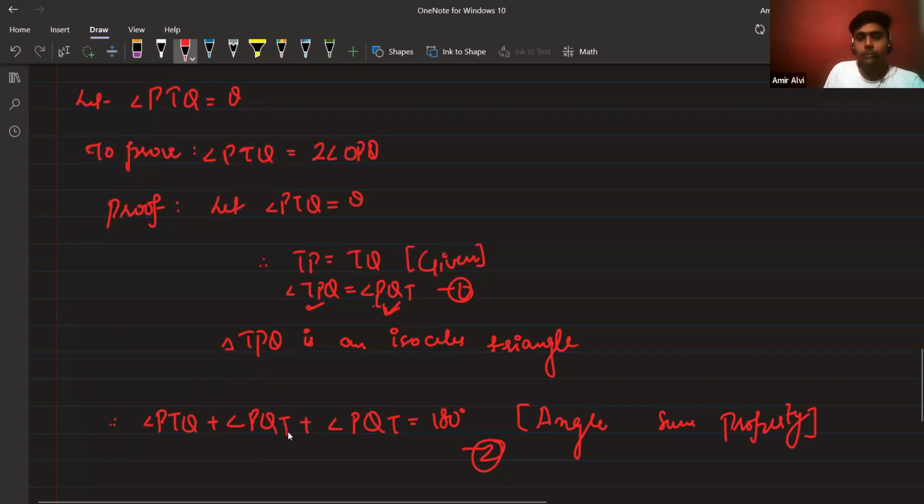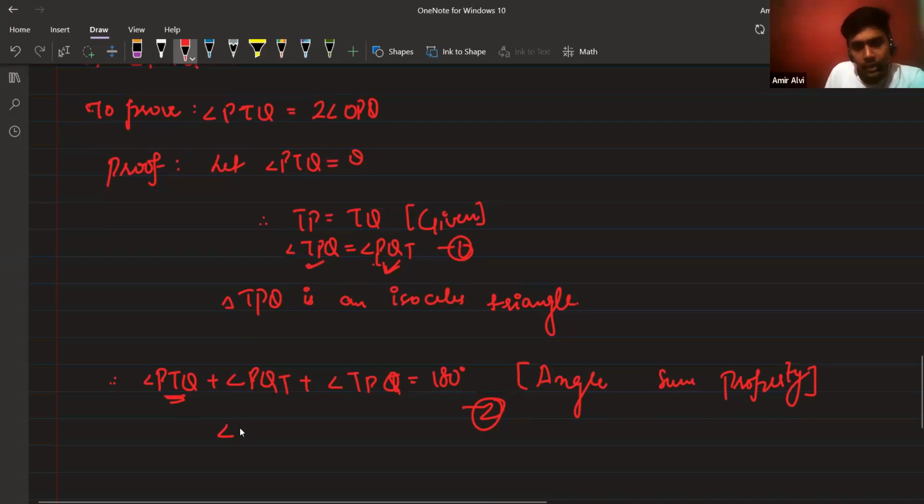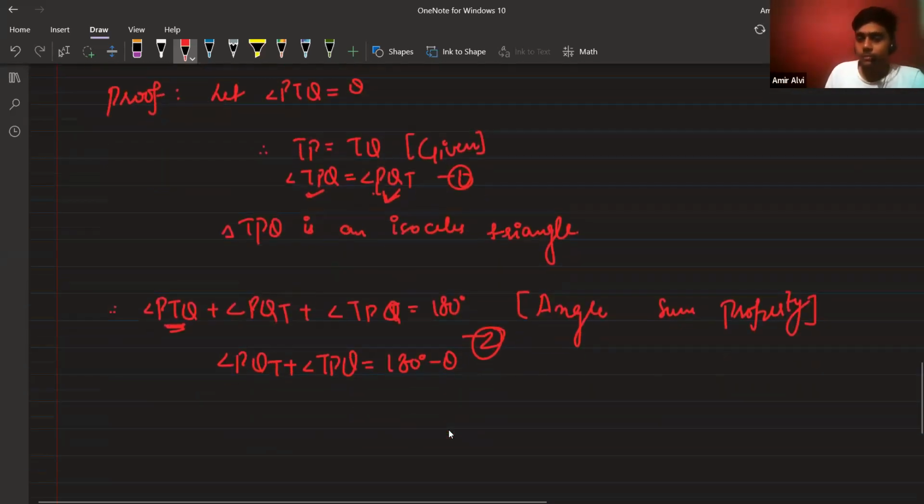So PQT, clear? And it's TPQ. Now we have assumed PTQ as theta. So I can write angle PQT plus angle TPQ is equal to 180 minus theta. Clear? Now PQT and TPQ are equal.